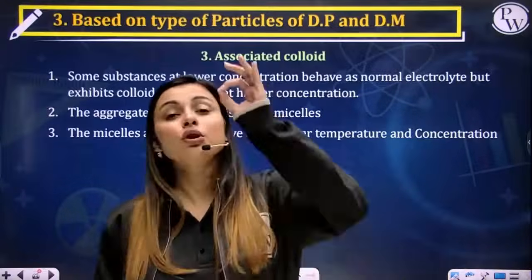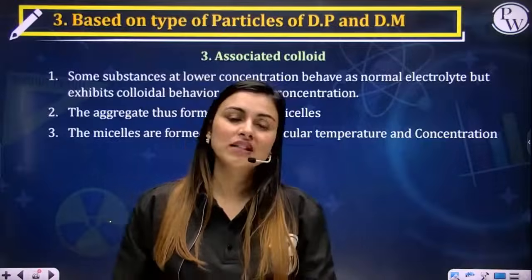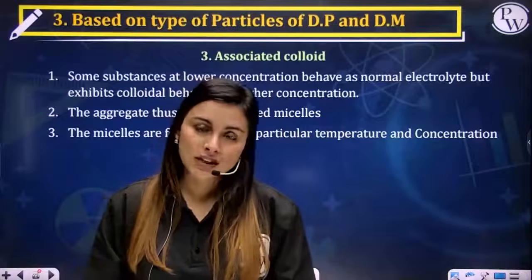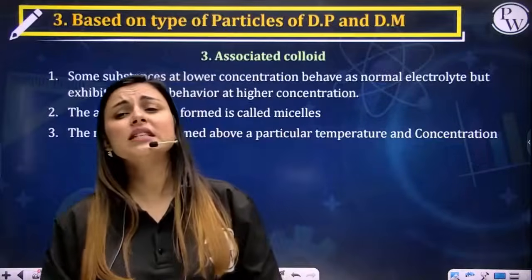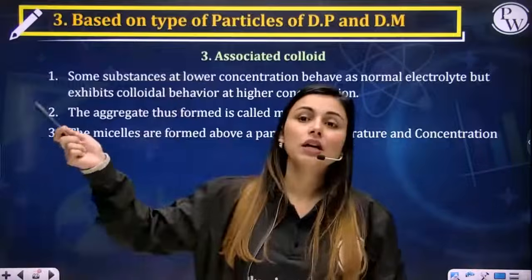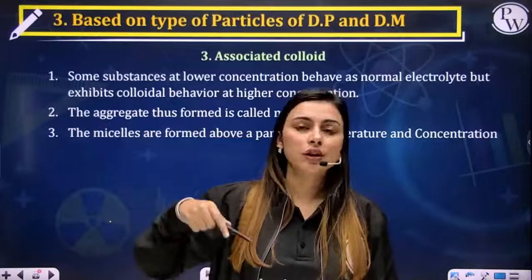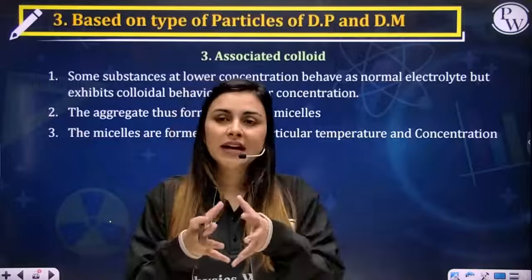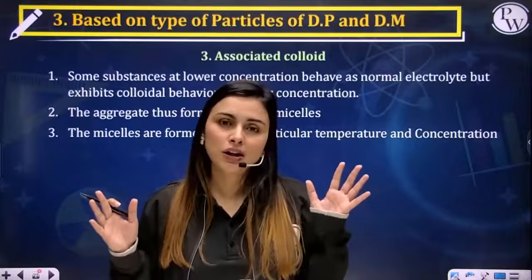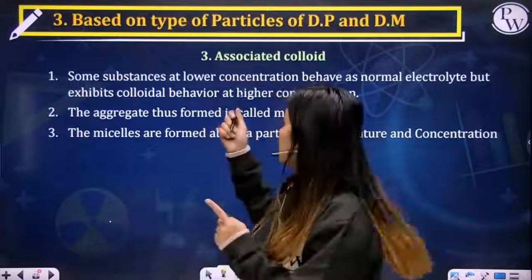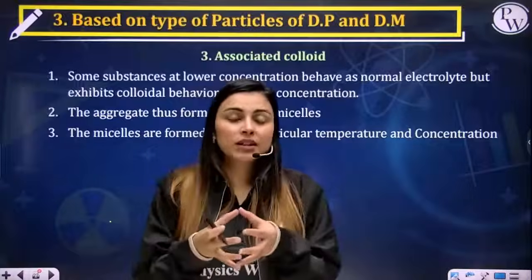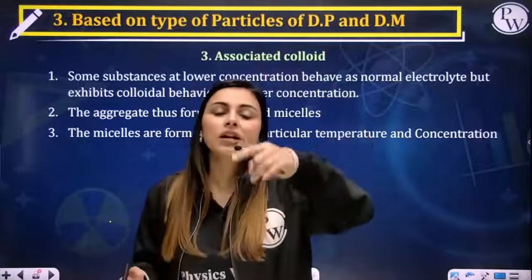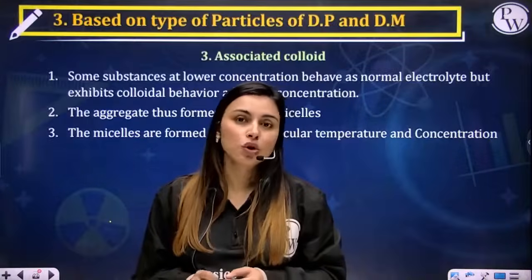At one particular concentration, known as the critical micelle concentration, they behave like a colloid solution. Okay, so this is the difference between multimolecular and associated colloids. In multimolecular, you had small particles, they aggregated together and directly formed a colloidal solution. But in case of associated colloids, particles do come together, but they will not behave as a colloidal solution until, at one particular concentration, they behave as a colloidal solution.